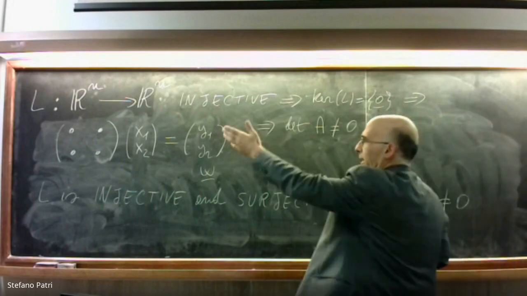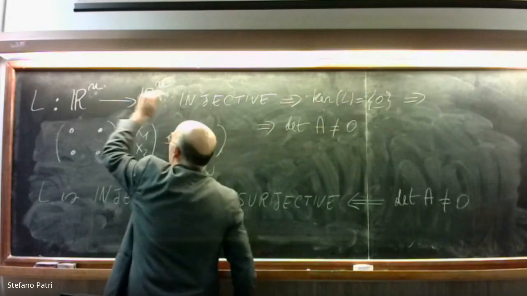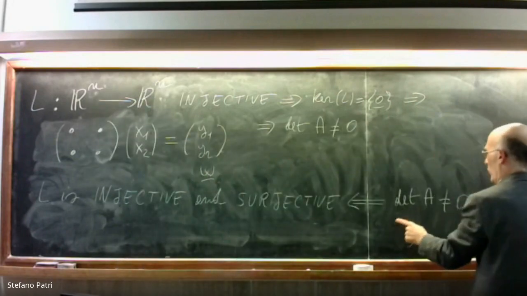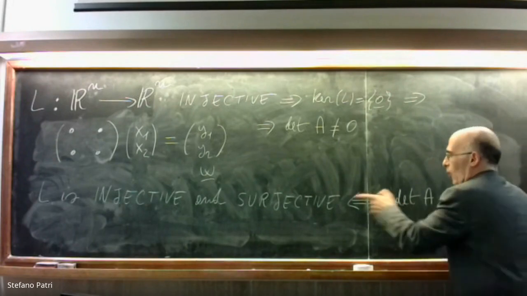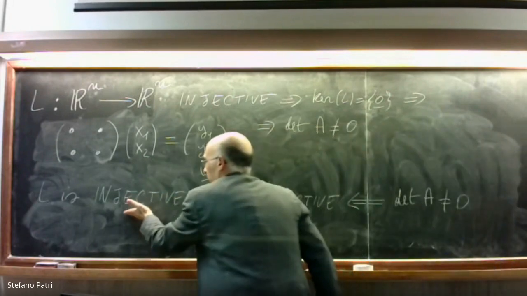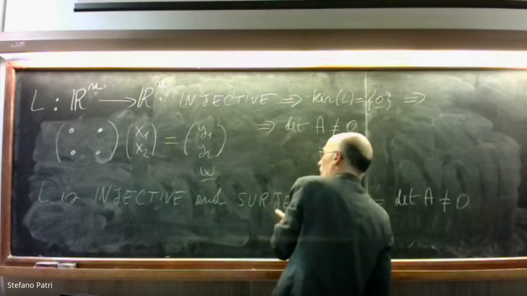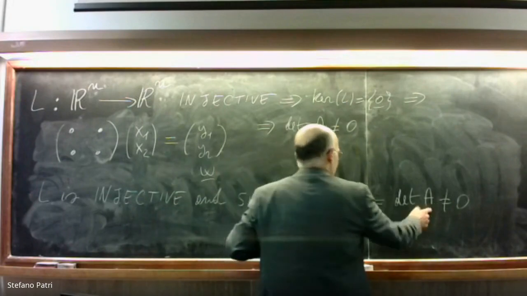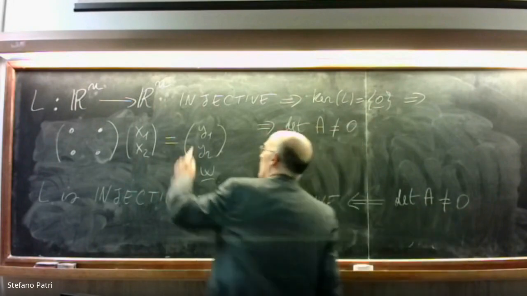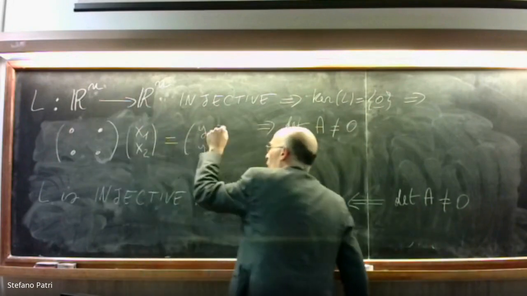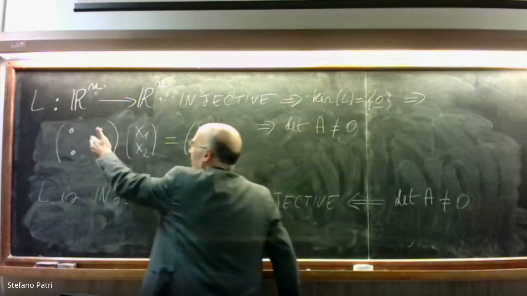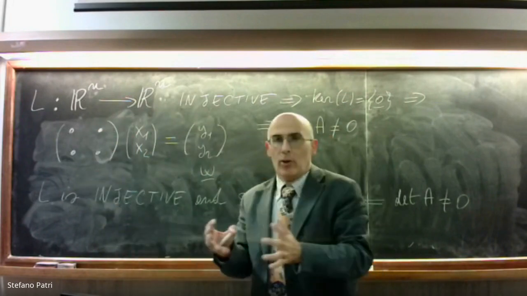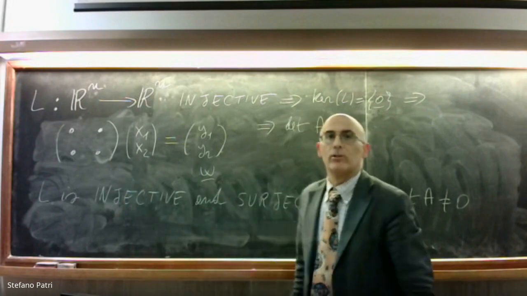If a linear application has the same dimensions and the square matrix has determinant not equal to 0, it follows that L is injective, but it is also surjective, because if the determinant is not equal to 0, this system for any vector has at least one solution. It is not just at least, it is exactly one solution.